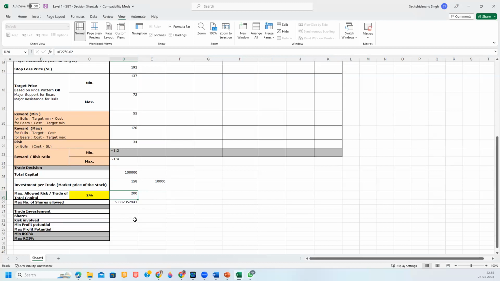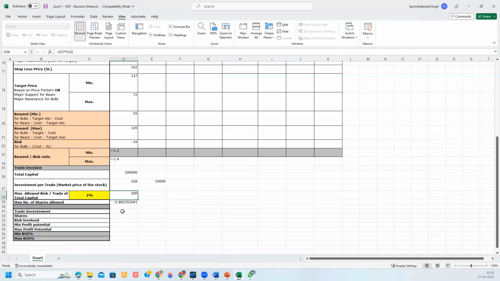We should not put more than 200 at risk based on this capital. For one individual stock, the risk is 34 rupees. With a maximum risk of 200 rupees, the number of shares is 200 divided by 34, which gives me 6 shares.